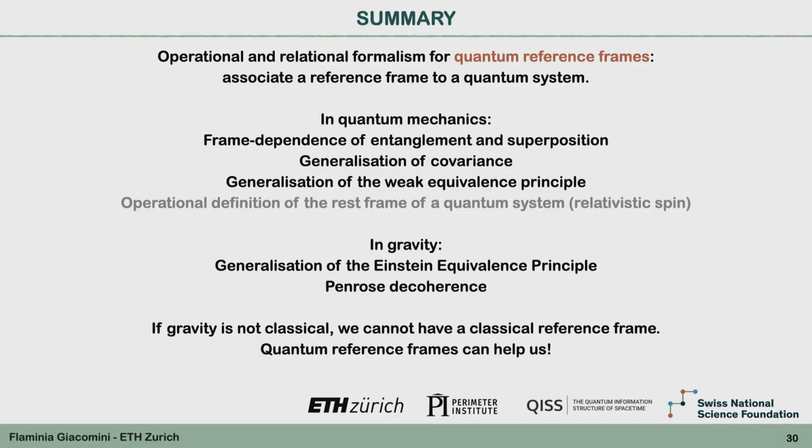We have seen that it can be useful in quantum mechanics to look at the frame dependence of entanglement and superposition, the generalization of covariance, and the generalization of the weak equivalence principle. And then I told you, but I haven't shown, that this can also be helpful to operationally define the rest frame of a quantum system.